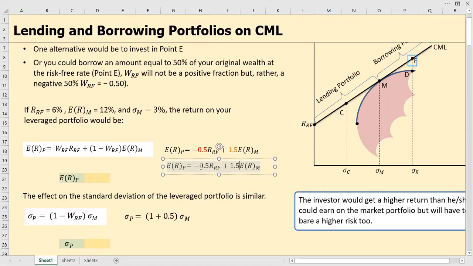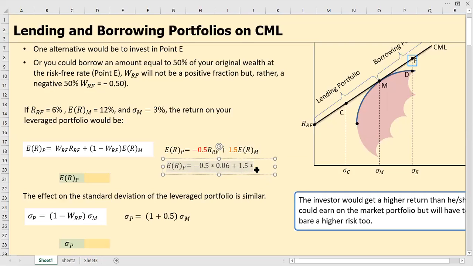Now we have 0 minus 0.5 multiplied by the risk-free rate. We know the risk-free rate is given here, it is 6%, 0.06, right? And here we have the expected return of the market.